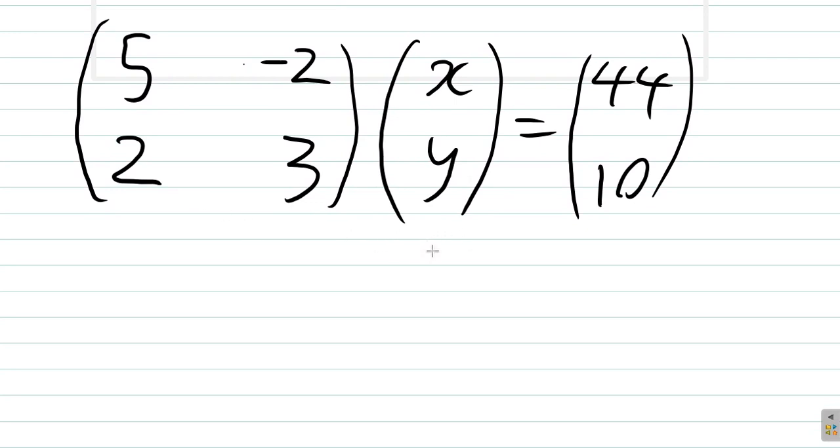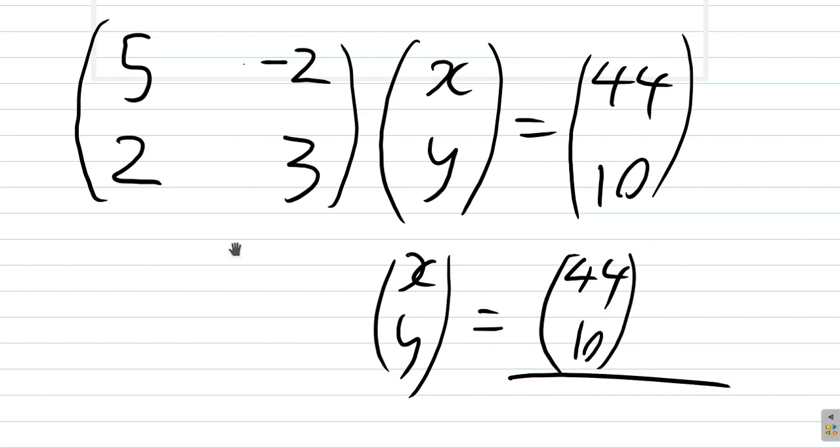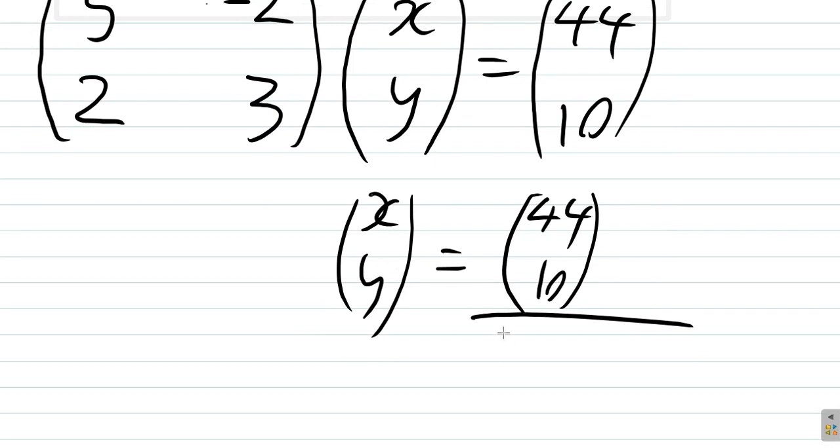Let us just take a moment to discuss the argument behind this. If you say x, y equals, if you divide both sides by 5, negative 2, 2, 3, you would have 44, 10 divided by 5, negative 2, 2, 3. You see that?